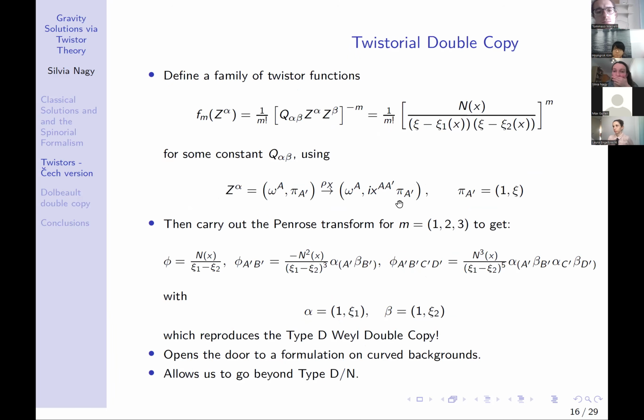Okay, so we can actually do it more explicitly here. Remember, I was telling you the order of the poles that we have in the Twistor function is related to the type of fields that we have.